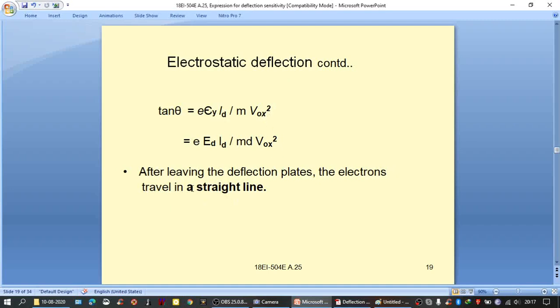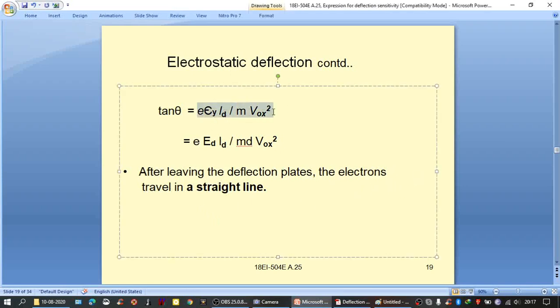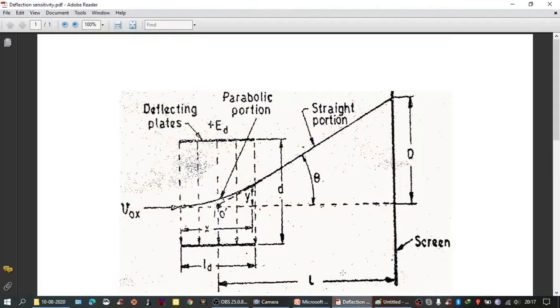After leaving the deflection plates, because there is no electric field which influences the path of the electron beam, it travels in a straight line with the same slope as this. From here afterwards, it follows the same slope.